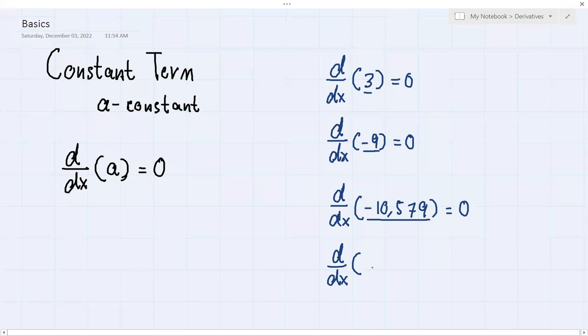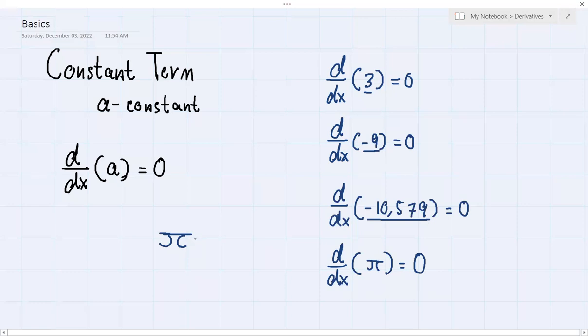Okay? Now, lastly, how about this one? The derivative of pi. So, anong derivative ng pi? The answer is 0 pa rin. Si pi, di ba nakaganito yung symbol niya, di ba? Okay. Ito, it is just a symbol. Okay? Not a variable. Symbol to. Para saan?